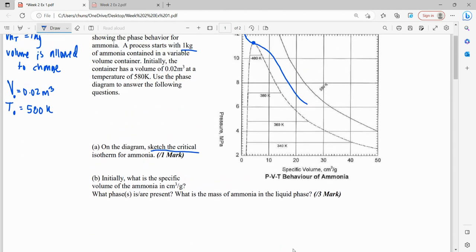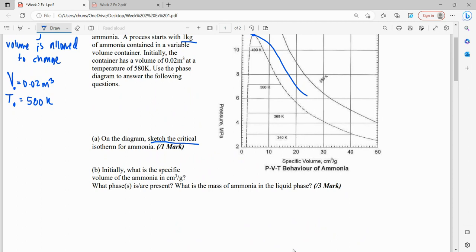Okay, and initially, what is the specific volume in centimeters cubed per gram? Okay, so this means we're going to have to do some conversions. So V naught equals 0.02 meters cubed, and this is equal to, so we know that there are 100 centimeters in a meter.